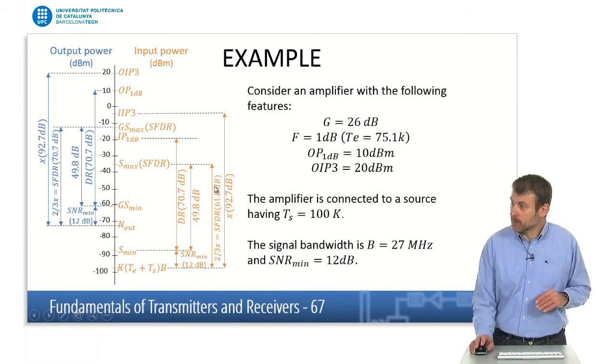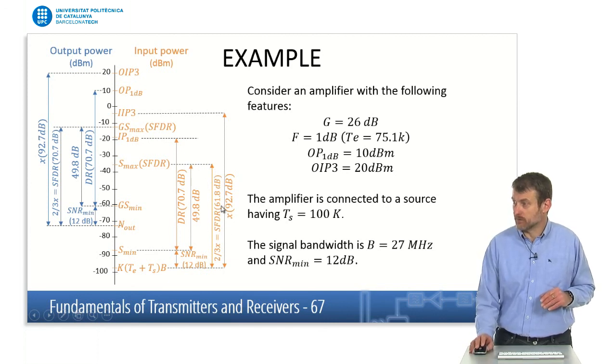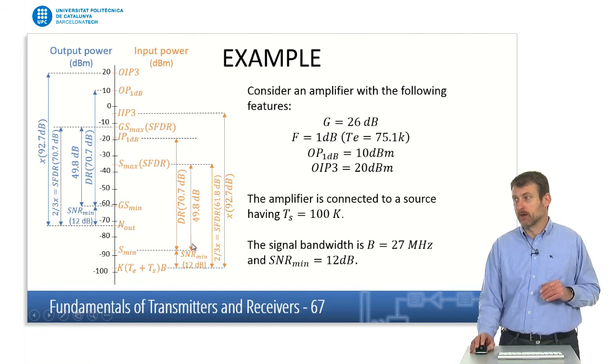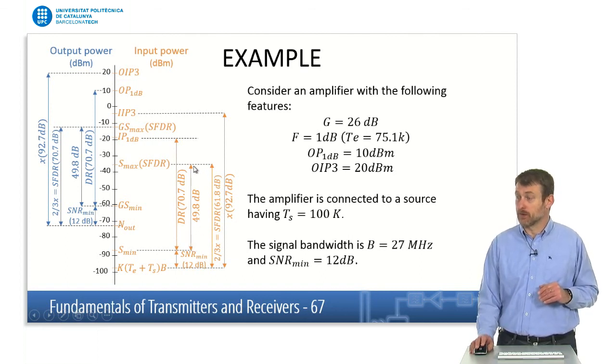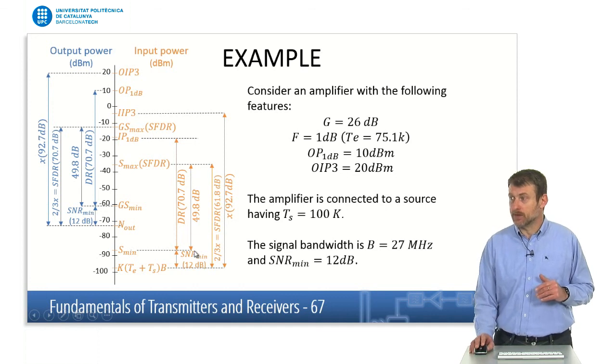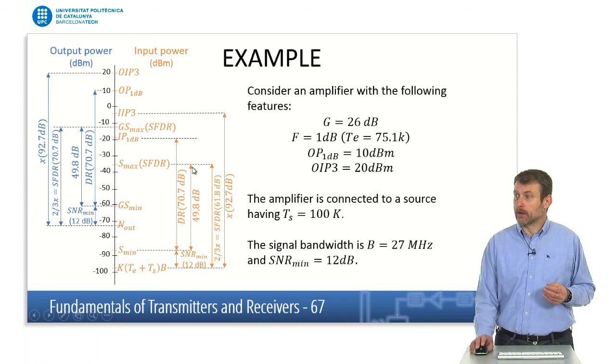And if you want to, some people do this, we can overlap this SFDR definition of dynamic range and this definition of dynamic range, and then we would have another dynamic range. This quantity of 49.8 dB is the range of powers at the input in which we satisfy the requirements for signal to noise ratio, and we can ignore the intermodulation products because they fall below the noise.